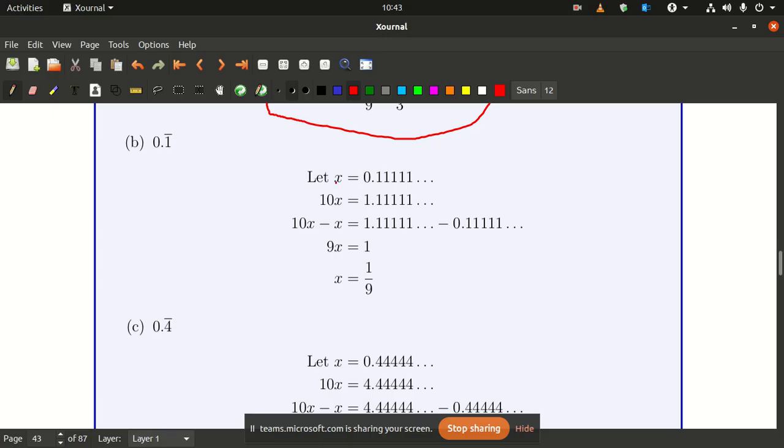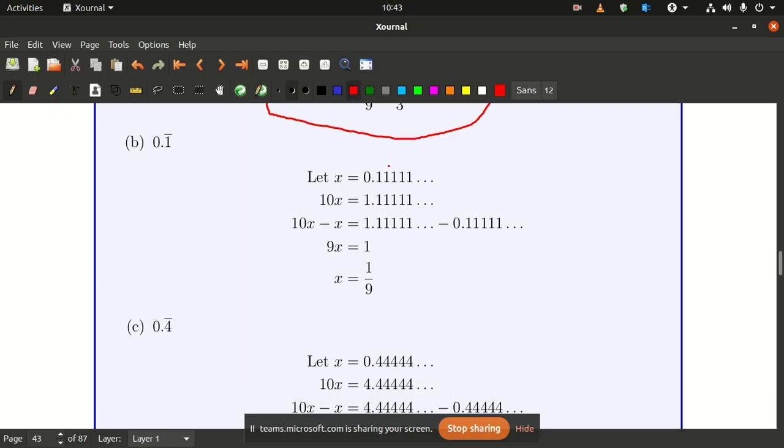That is going to be our x. And 10x is moving the decimal point once to the right, 10 times x. So we are moving it from here to there. So we end up having 1.11111, and then we continue forever.